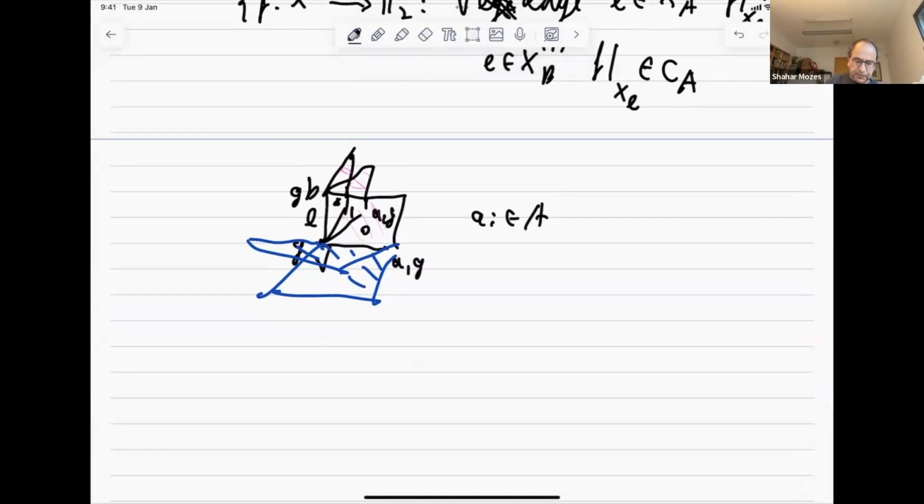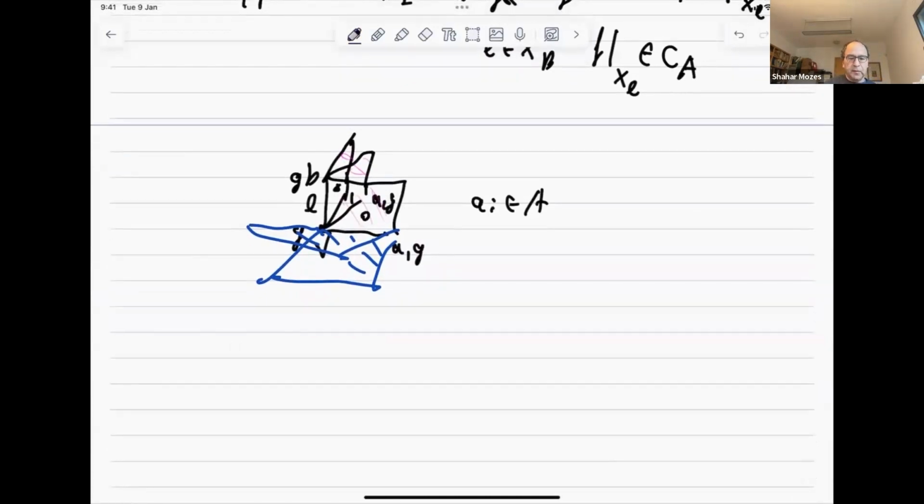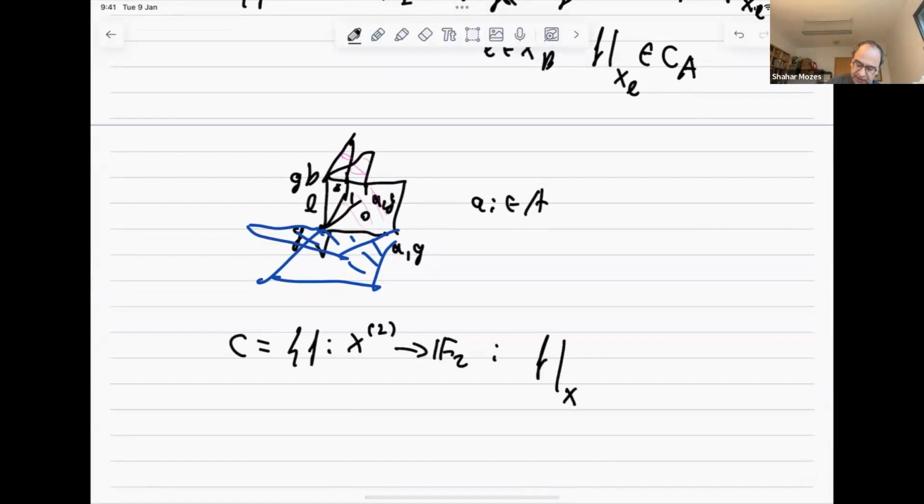Another way of describing this is to say that the code C is all the maps F from X to F2 such that F restricted to a vertex V in G, X0 belongs to what we call CA tensor product with CB.